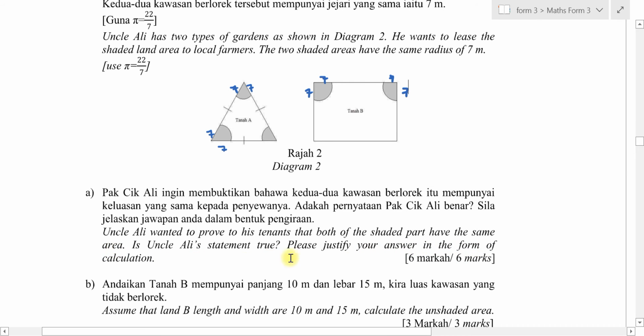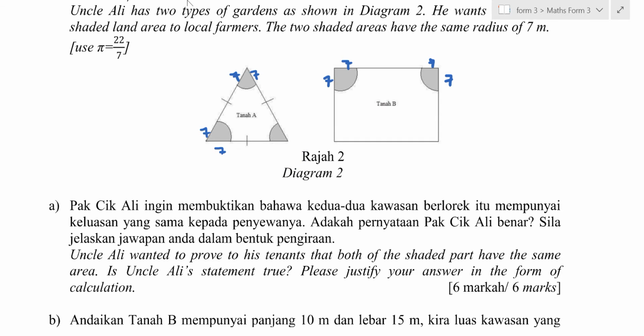It directly gives 6 marks. See? So this type of question you need to think properly first before you do. Okay? So this question require our polygon knowledge first. Polygon knowledge, if we look, the first shape that you are seeing now is equilateral triangle.